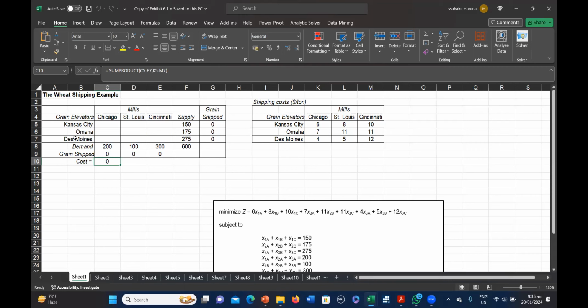Pick this entire space, comma, and then this entire space, after prefixing that with the sum product. So that makes it easy. Otherwise, you will have to do this times that, plus this times that, then plus this times that, plus this times that. So this is an easier way of summing up products. You are multiplying several items and summing. So we call that the sum product.